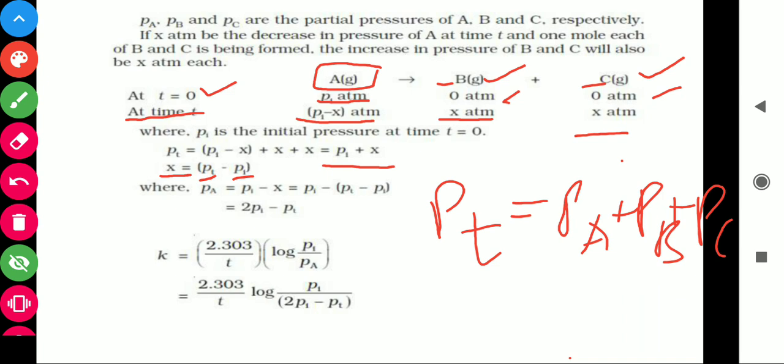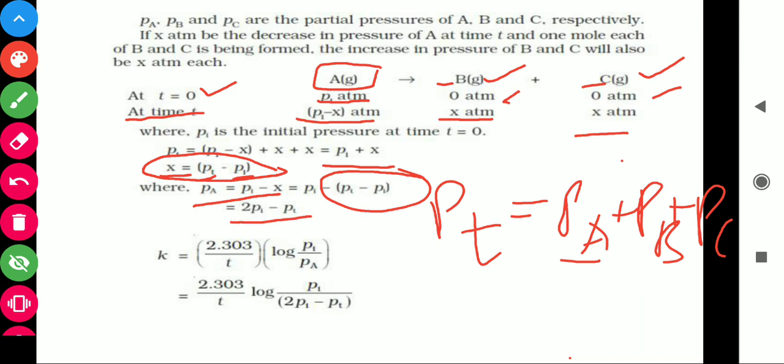Here again we will take the value of PA. What is the value of PA? P1 minus x, and keeping the value of x here, in place of x we keep PT minus P1. We will get the value of PA.